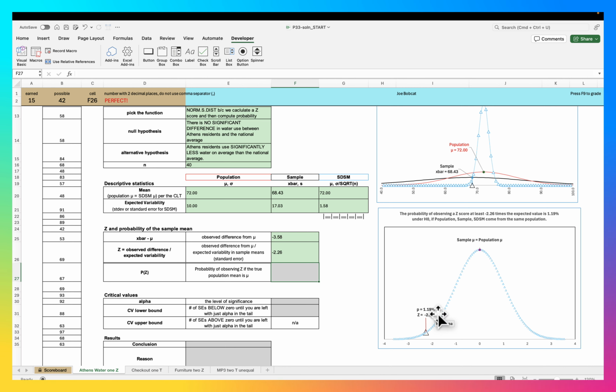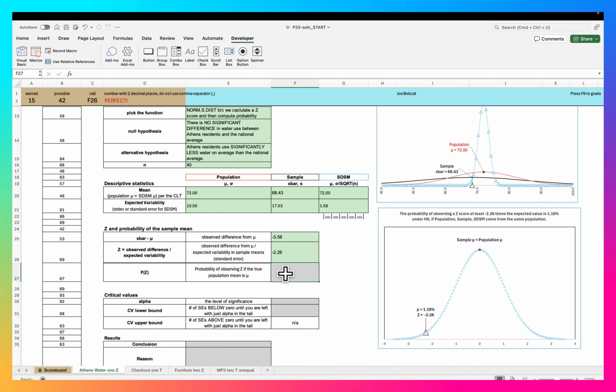This curve down here is the same as the blue curve up here. It's just that here it's allowed to spread out because we're not showing it by contrast with the sample and the population. All right, let's get the probability of z. We already know it's 1.19 because the graph gave it to us, but we also have to learn how to calculate it.